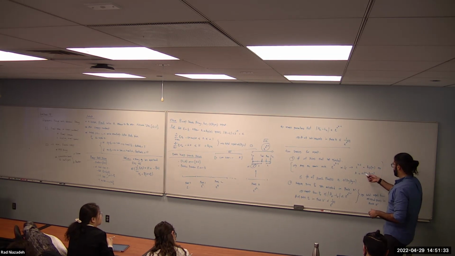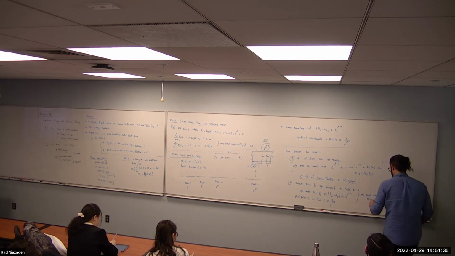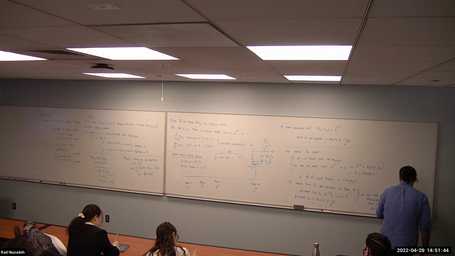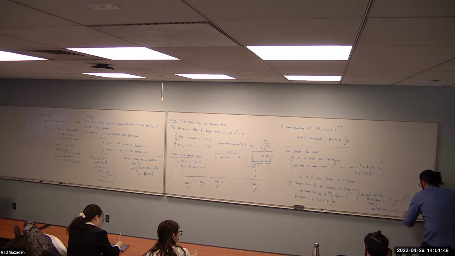And then how many phases do we have? Log log n. Therefore, total regret from accepted prices is at most order log log n.